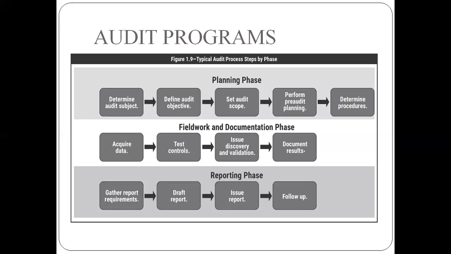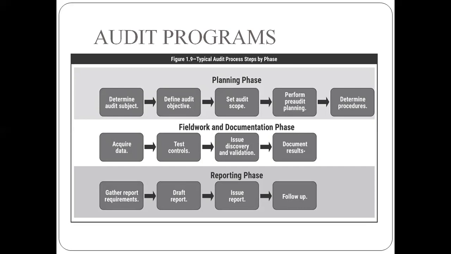Like I've been saying since the first video of domain 1 of CISA, an audit has a planning phase, which for me is very important. The planning phase is more of information gathering, trying to familiarize yourself with the audit area so that you'll be able to apply risk-based judgment.